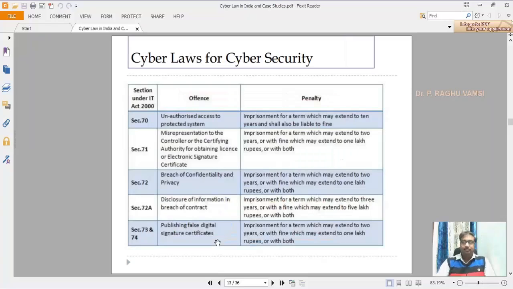Actually, in section 72A, disclosure of information in breach of contract.